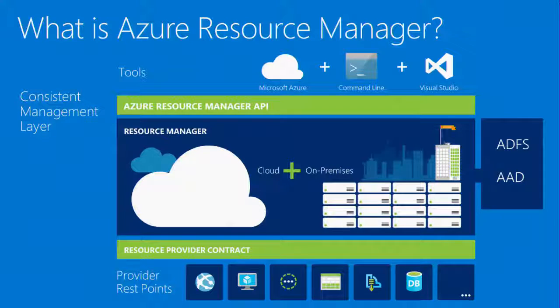And that API for each component or service in Azure is called a Resource Provider API. This is the bottom part of the diagram here. So you have a storage resource provider, a compute resource provider, a network or virtual network resource provider, a websites resource provider, a SQL database resource provider, and so on and so forth, right?